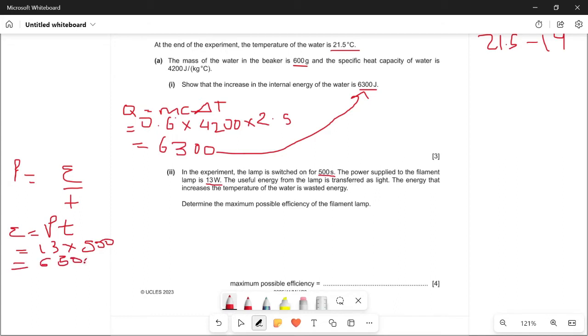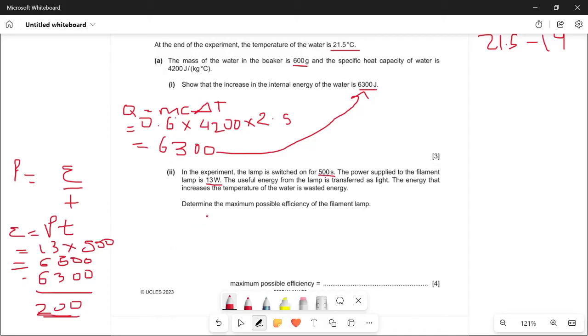So this was the total amount of energy supplied, and the energy wasted was 6,300. So if we subtract 6,300 from this, we would get the useful energy, which is 200. So 200 joules is the total amount of energy used to light the lamp, the useful energy.